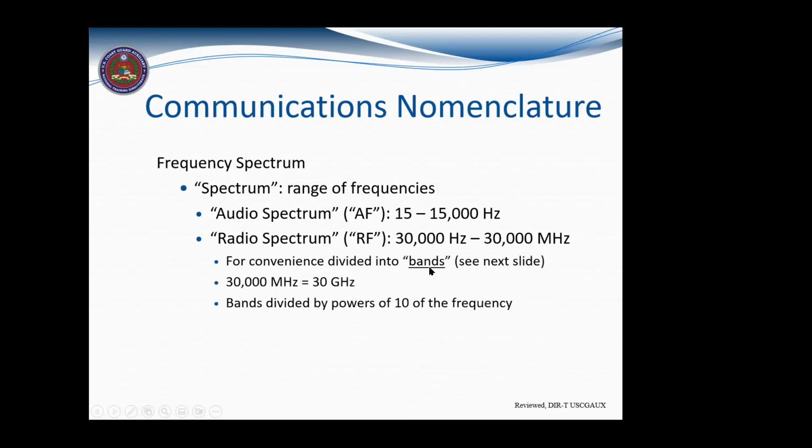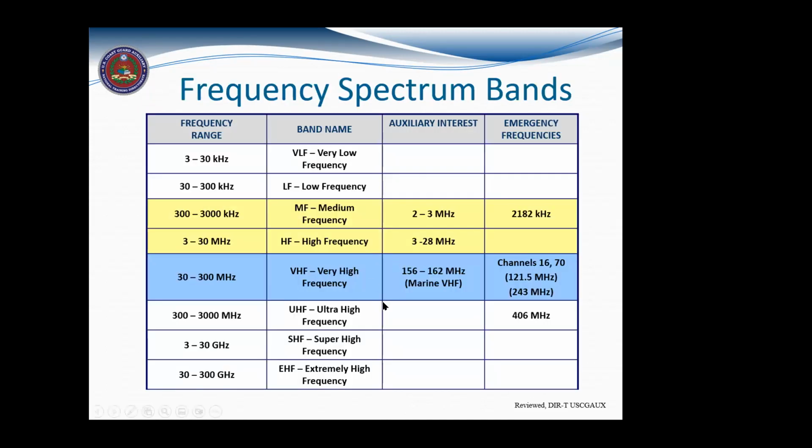For convenience, we divide the operations into various bandwidths, and some of the frequencies you want to be familiar with. From 300 kilohertz to 3,000 kilohertz, we're in a band referred to as medium frequency. That's normally lumped also with the 3 megahertz to 30 megahertz, the high frequency or HF. This was the band for the old-time marine radios.